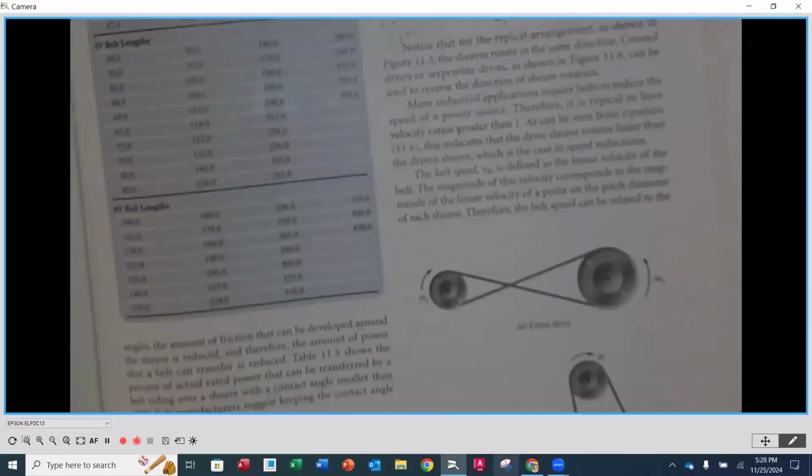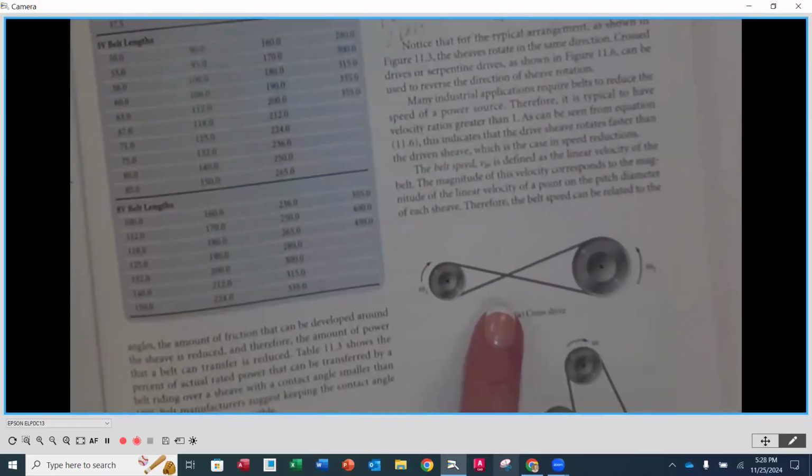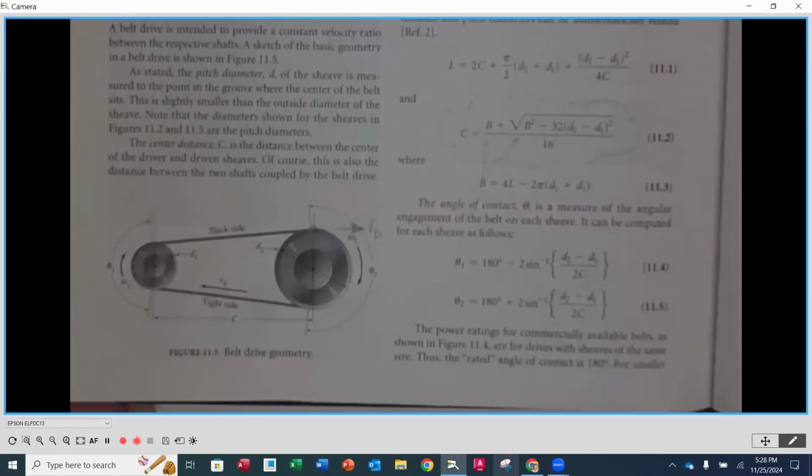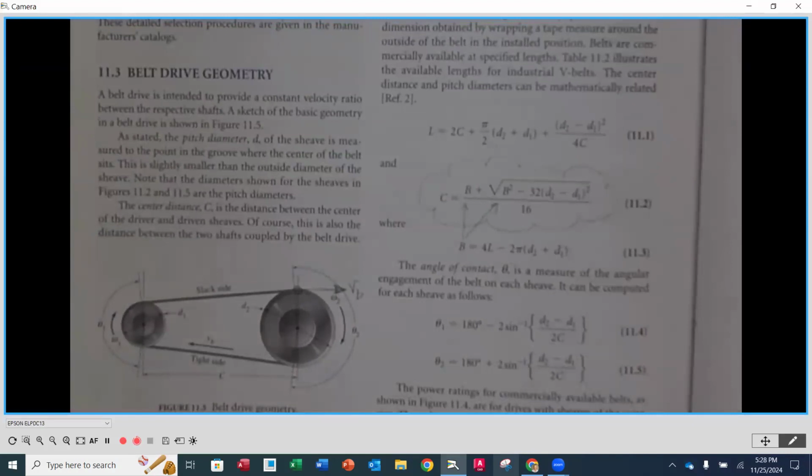If you want them to go opposite, you have the option of crossing the belt over here, and now you can get them going opposite direction. Okay, that is an option for you. So it's not that you can't do it. It's not the most popular application, but it is achievable. Well, it could rub on itself if you don't have it offset properly. Absolutely, yeah.